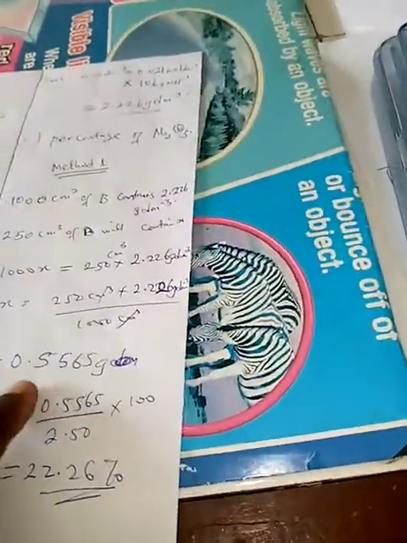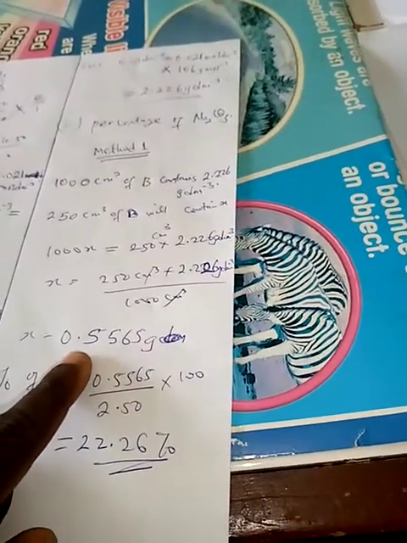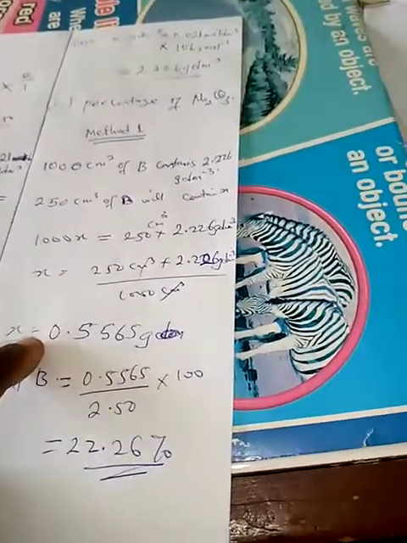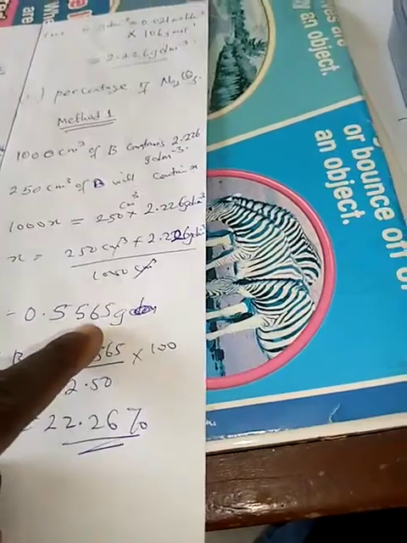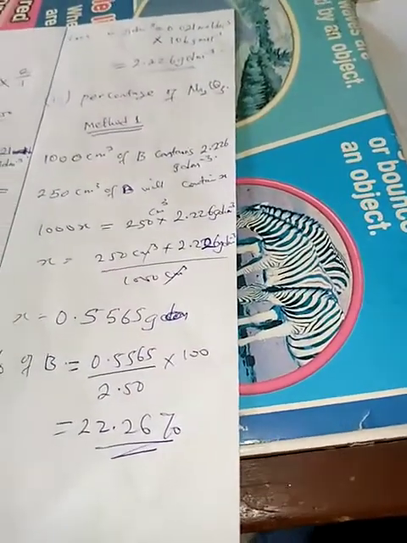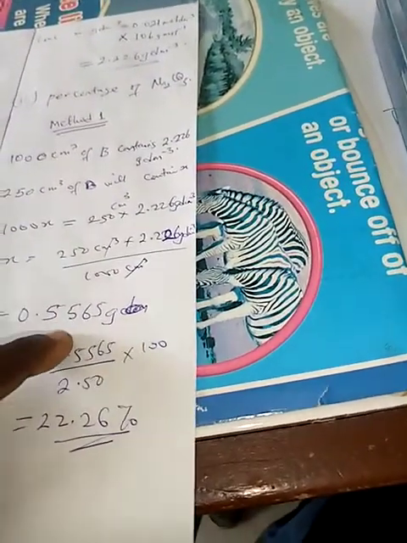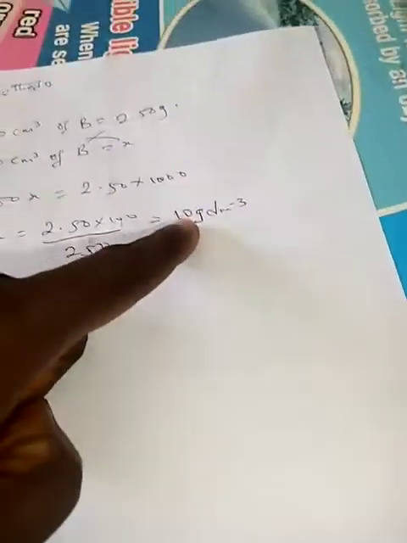But in our calculation, we found out that the amount of Na2CO3 that reacted was 0.5565. So the percentage of Na2CO3 present would be 0.5565 divided by the total amount that was there.